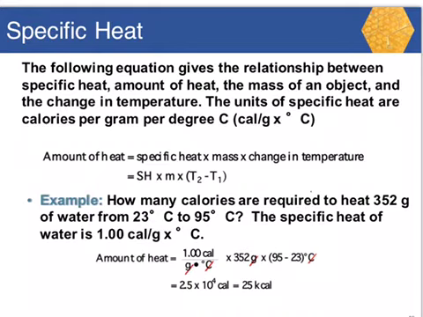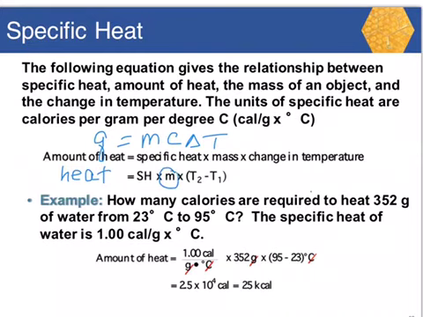Now, I do want to point out that this is also written in a slightly different format. This formula can also be written as Q equals mcΔT. So Q is heat. So this might just say heat, or it could say Q, is equal to the mass.